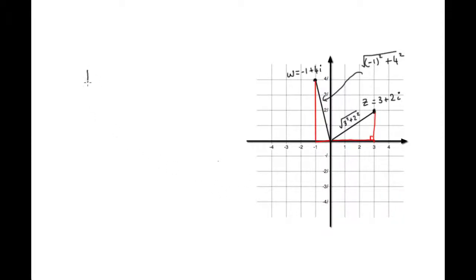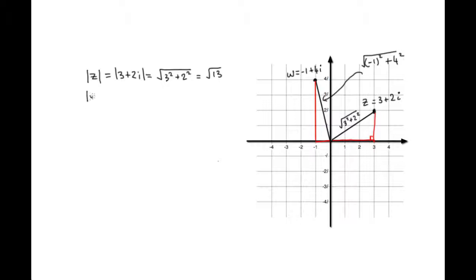So if we extend the idea of the modulus that we knew in the real number case to interpret it as being the distance of a complex number from the origin, then in the case of, for instance, 3 plus 2i, the calculation we would do is the positive square root of 3 squared plus 2 squared, which would be 9 plus 4, that's square root of 13.